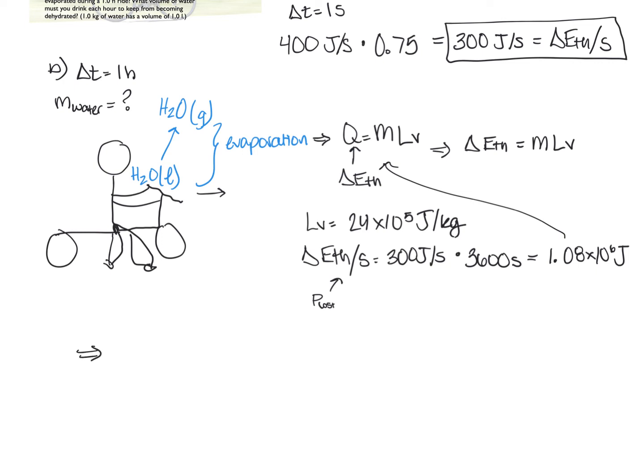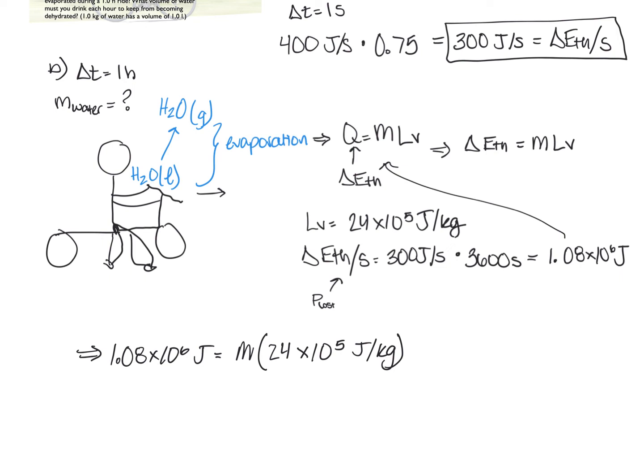So if we go ahead and do that, 1.08 times 10 to the 6th joules is equal to the mass of the water times the latent heat of vaporization for perspiration, 24 times 10 to the 5th joules per kilogram. We can go ahead and divide that 1.08 times 10 to the 6th by the latent heat of vaporization for perspiration.